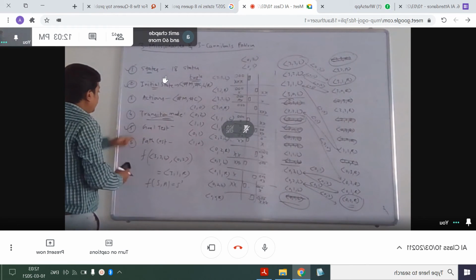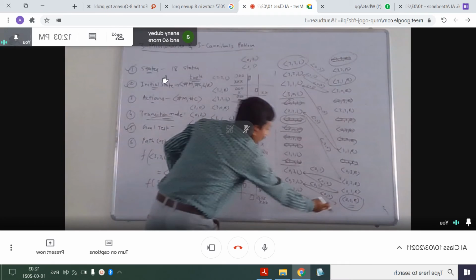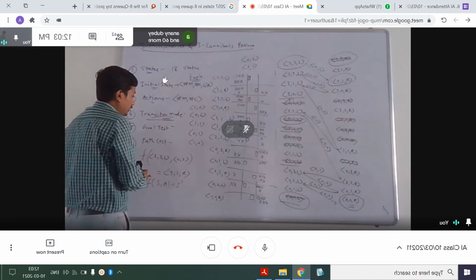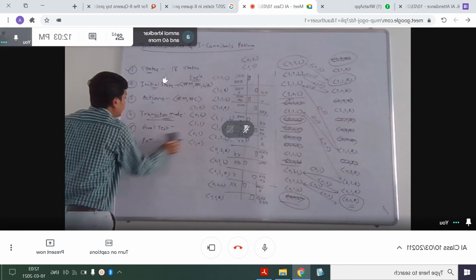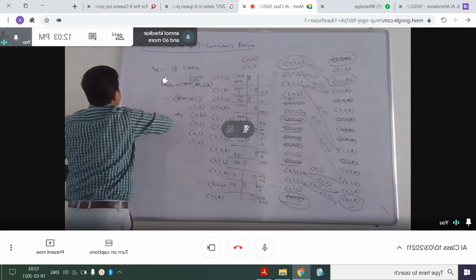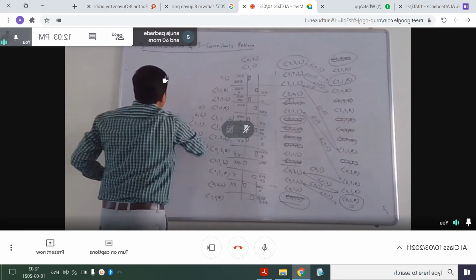Then goal test is, this is my goal state, and path cost of my optimal solution is 11. So this is regarding the 3 missionaries and 3 cannibals problem.